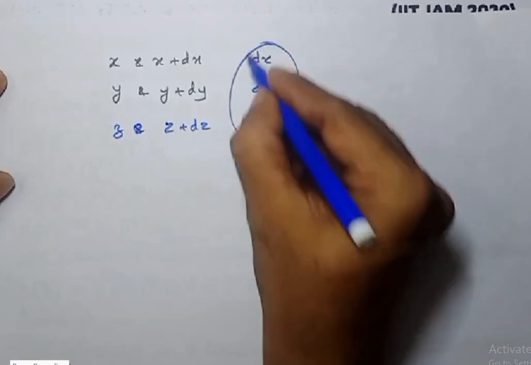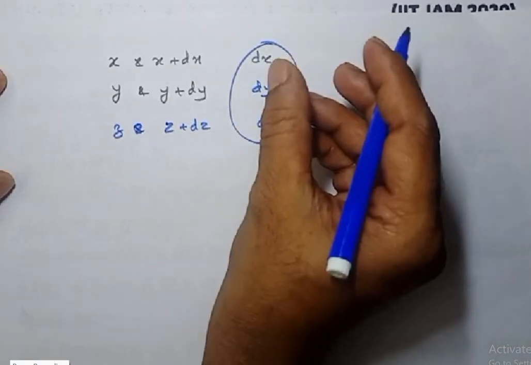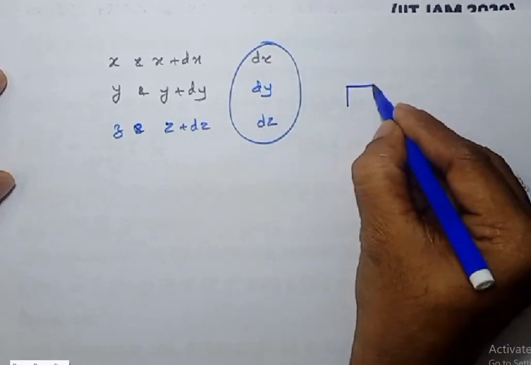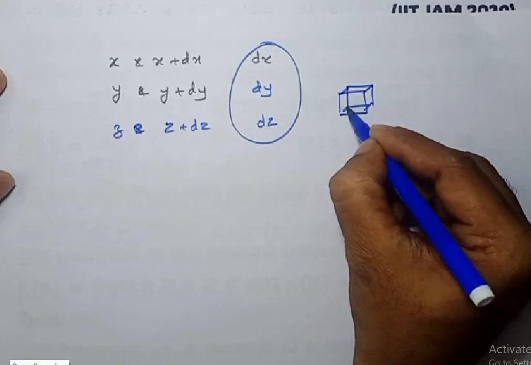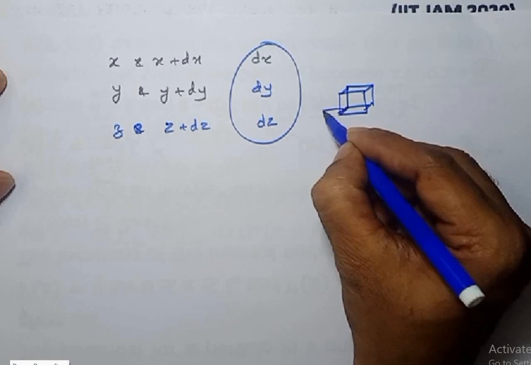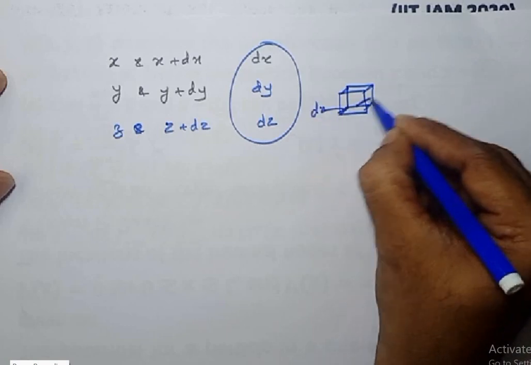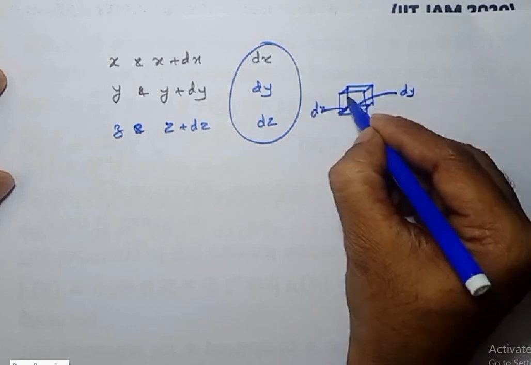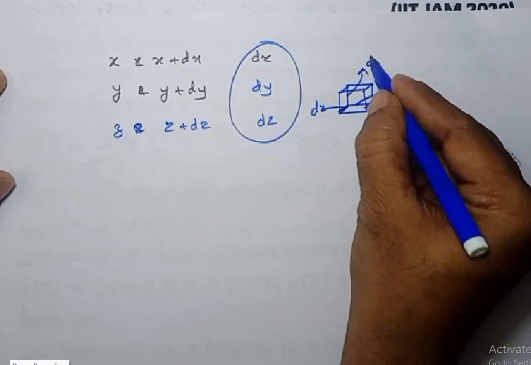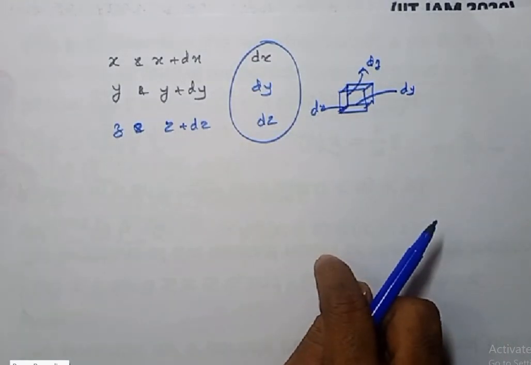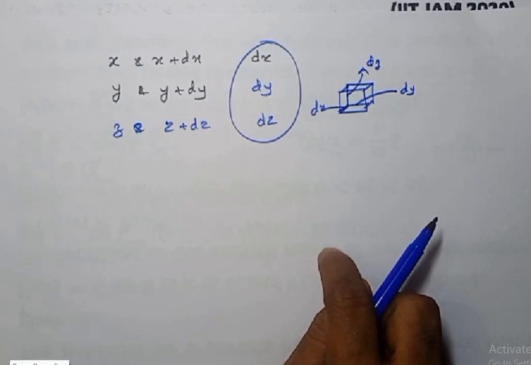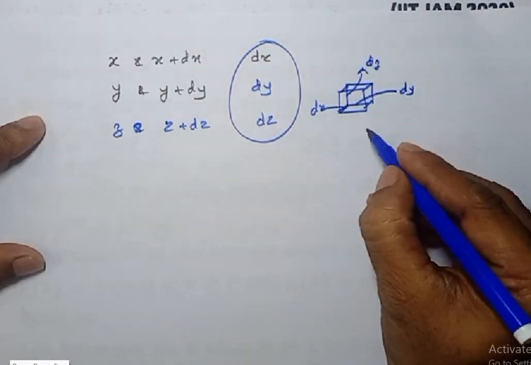Similarly, z and z plus dz, they are asking probability in this range. That means dx into dy into dz will give you a small volume, right? Let this distance be dx, this distance be dy, and this distance be dz. If you multiply these 3, you will get what is called d tau.